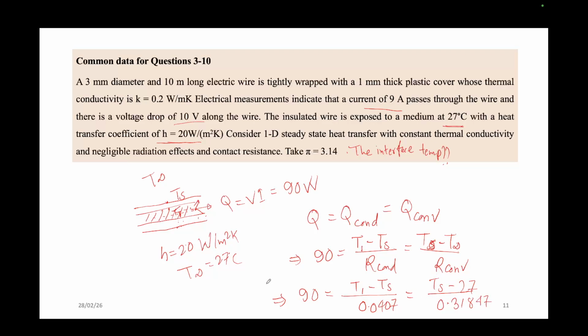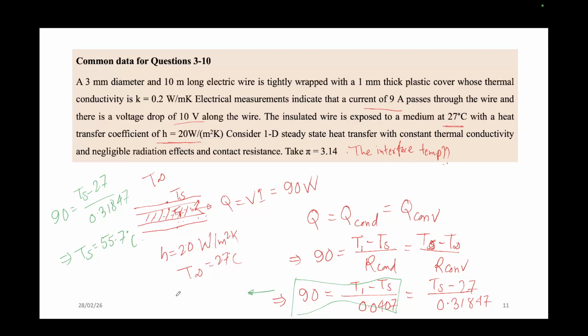So if I take these two, we can solve easily. 90 equals Ts minus 27 divided by 0.31847. Correspondingly I will get Ts, which will be 55.7 degrees centigrade, right?